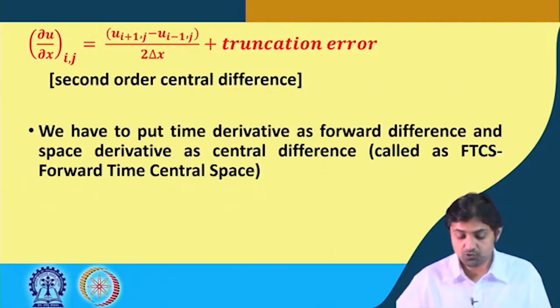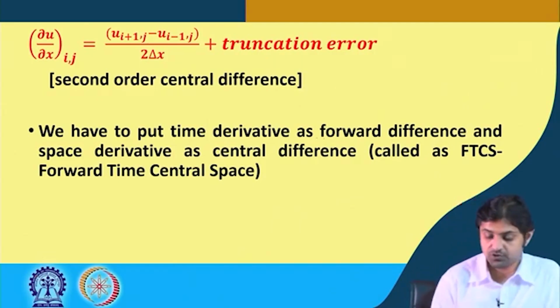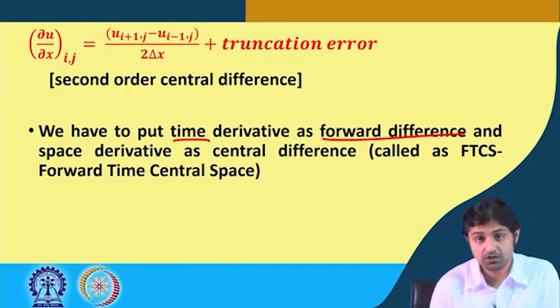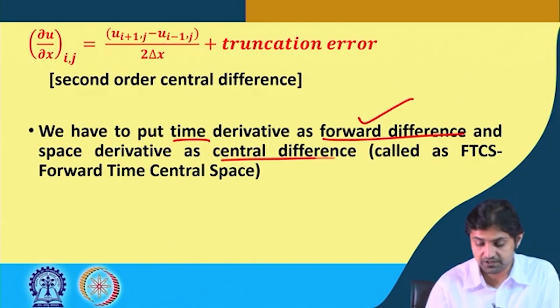So, we have to put time derivative as forward difference and space derivative as central difference, okay. They call it FTCS, forward time central space. We put time as forward difference because time cannot be in the back, so we will always have to be forward, and for the space we use central difference.